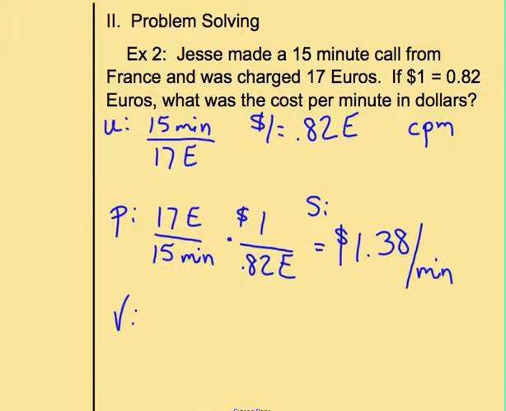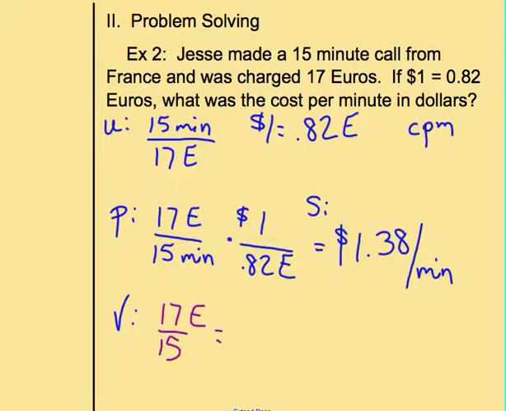And then to check, does it seem reasonable? Does $1.38 per minute seem like a reasonable cost when you're making a call internationally? And yes, we're not being charged $10 a minute, we're not being charged 3 cents a minute. $1.38 seems reasonable. Another way to approach this problem would be to actually convert the cost per minute in euros.